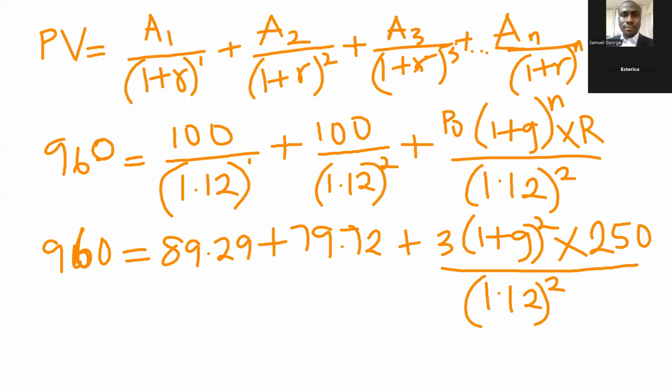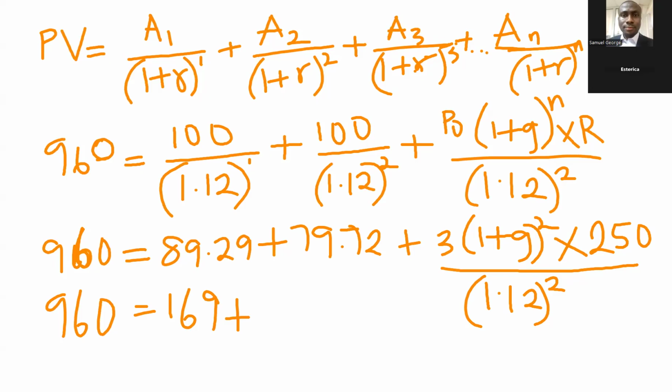But let us quickly solve. Now, this is math now. So let us quickly solve for what we can solve for. 89.29 plus 79.72 is equal to 169.01. Let's just say it is equal to 169. So collect the like terms. 960 equals 169 plus the conversion value.